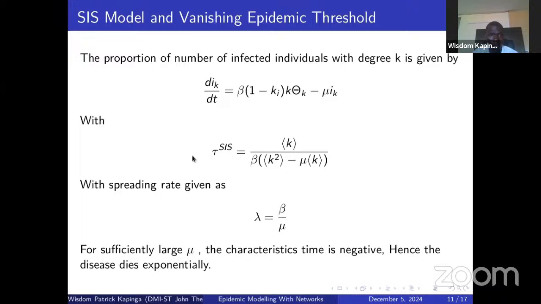And the characteristic time for this model is given as tau_SIS, and then you have the number of contacts.